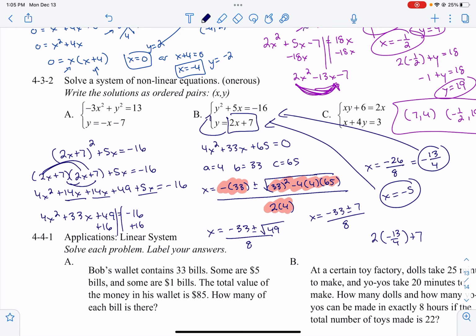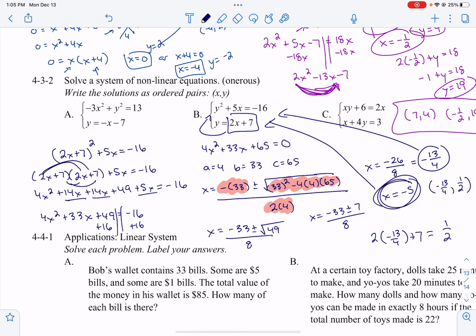Again, I didn't do this one ahead of time, but we don't care that they're ugly fractions because our calculator is going to do most of the work for us. And we're going to end up with 1/2. Cool. So when x equals negative 13 fourths, y equals 1/2. That's a pretty nice number right there.